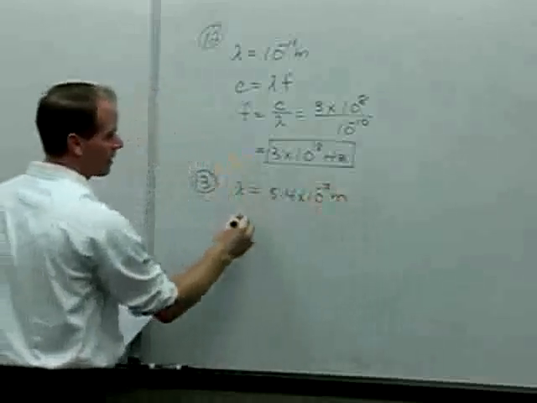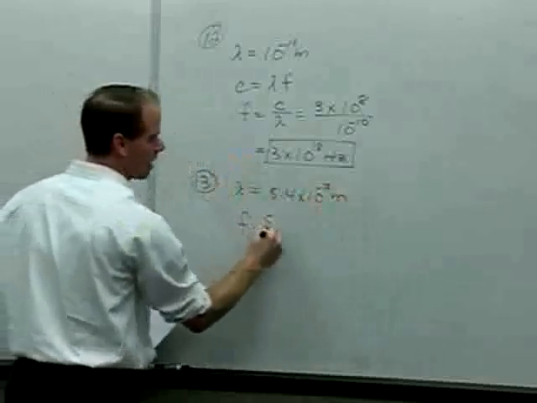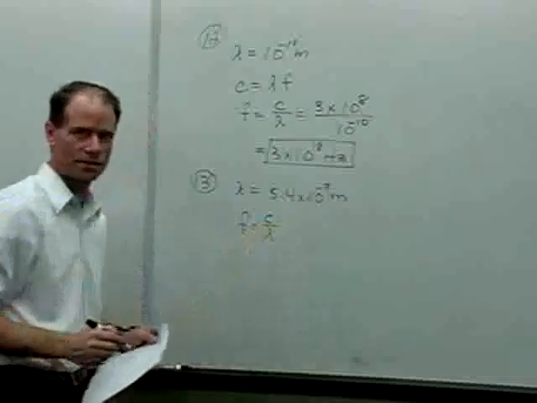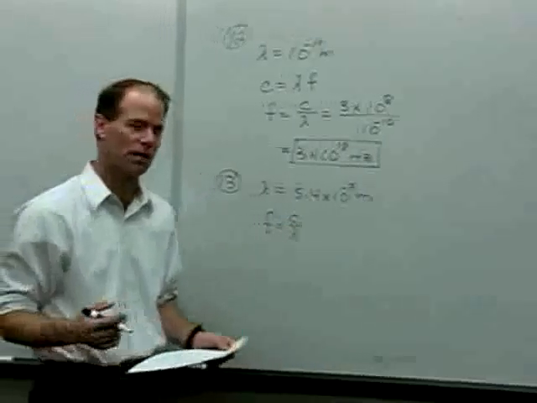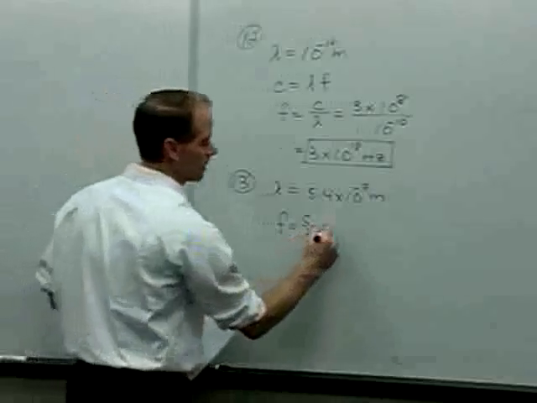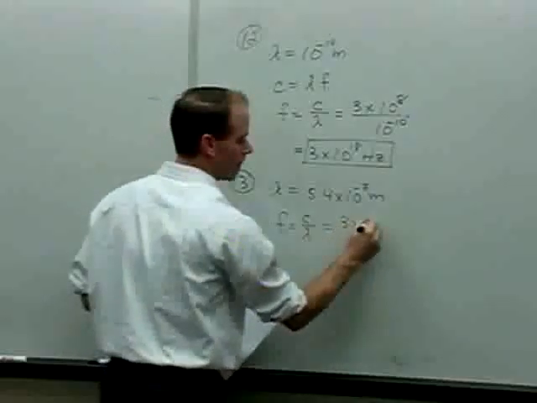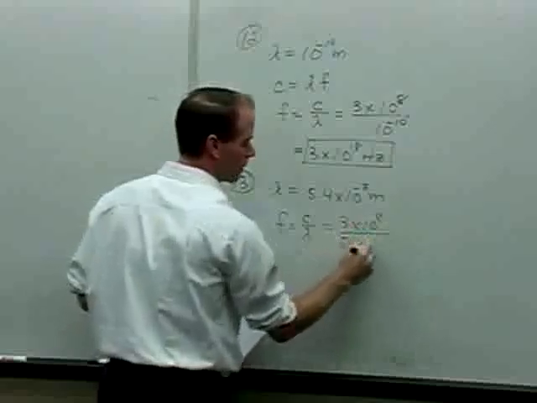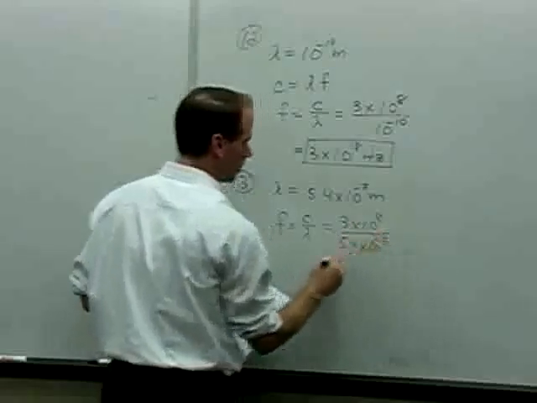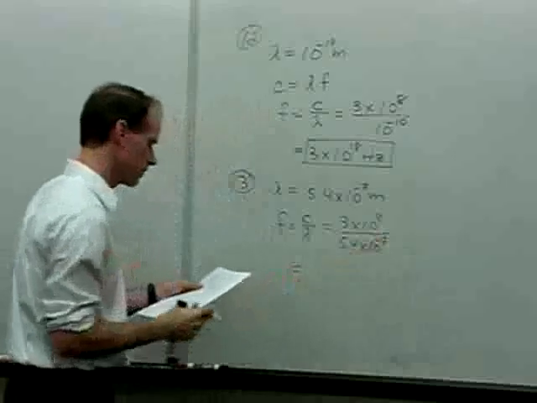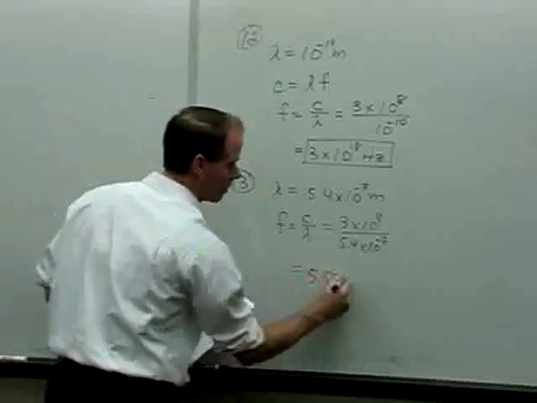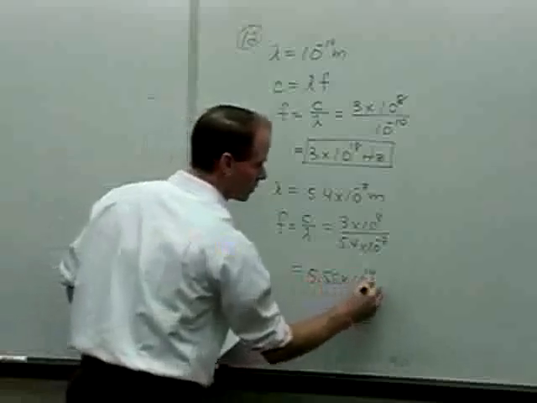And again, we can find the frequency, since green light, like X-rays, is electromagnetic radiation, and travels at the speed of light. So the frequency is the speed of light divided by the wavelength. And this would give us a frequency of 5.55 times 10 to the 14 hertz.